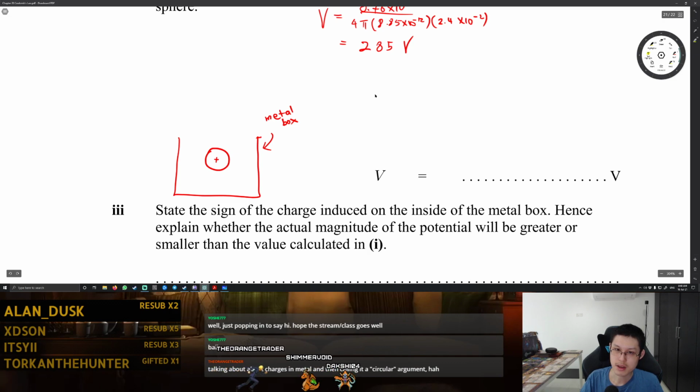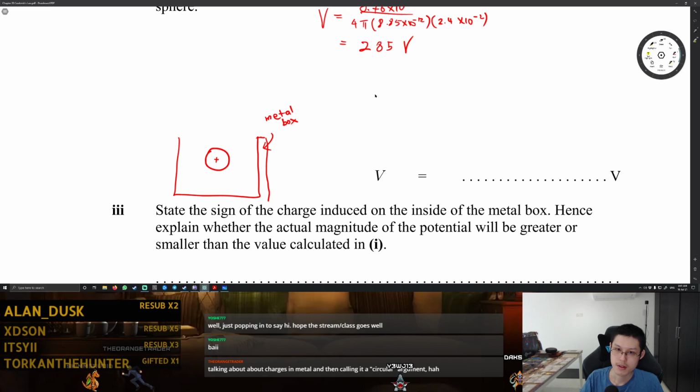So what's happening here is that because you have an electric field going through the metal box, the molecules in the metal box would have the electrons closer to the center of the box, so the inside of the box would be slightly negatively charged, and the outside of the box would be slightly positively charged.